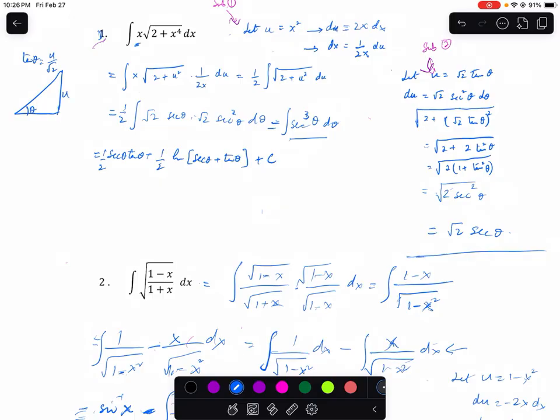So u will come here, square root of 2 will be here, and the hypotenuse will be square root of u square plus 2. So with this triangle I can see everything. So it will be 1/2. Now secant theta is 1 over cosine. Cosine is going to be square root 2 over square root of u square plus 2.